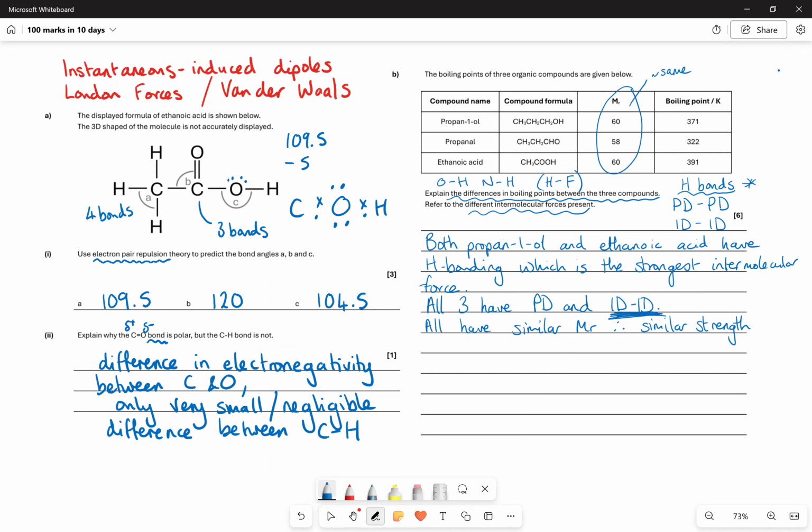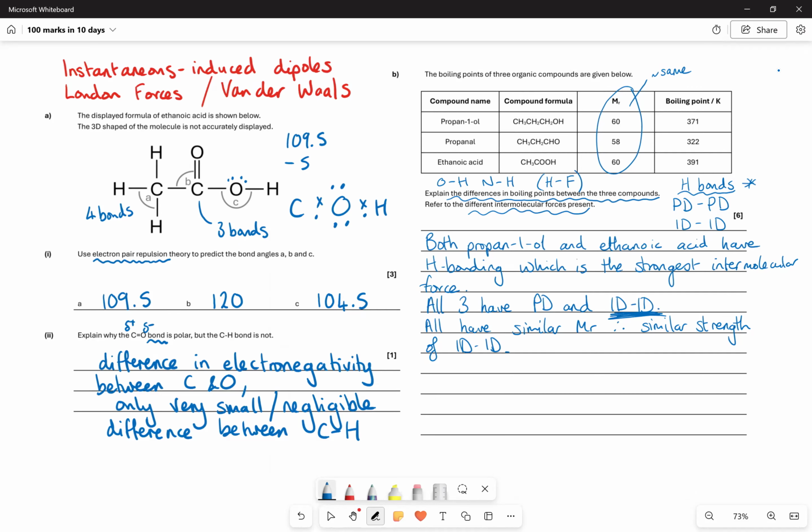It's not about the mass, it's just about the fact that it has less electrons with a smaller MR. So of ID. Now that I've put that in, the strength of permanent dipole is never really relevant. Okay, so you just either have it or you don't, and they all have it, so it won't make a difference.